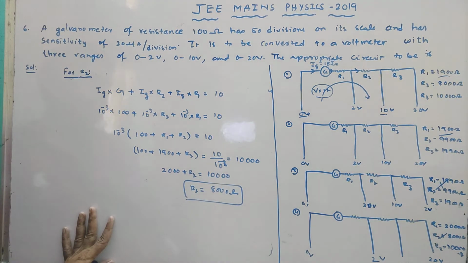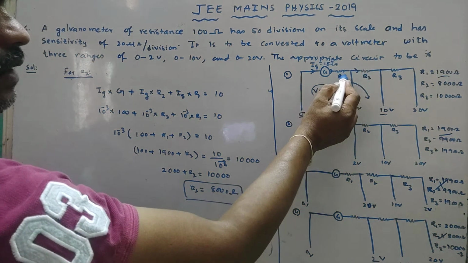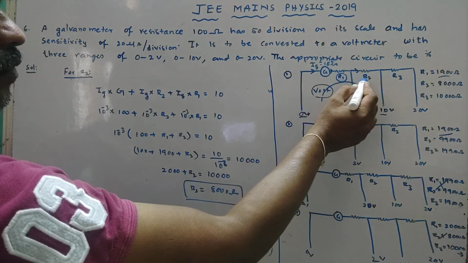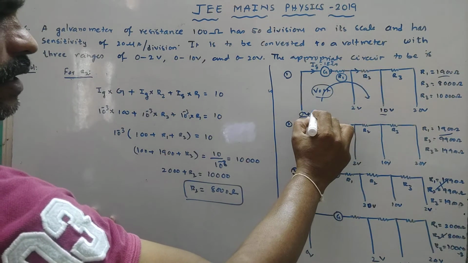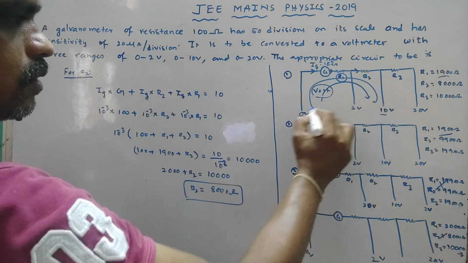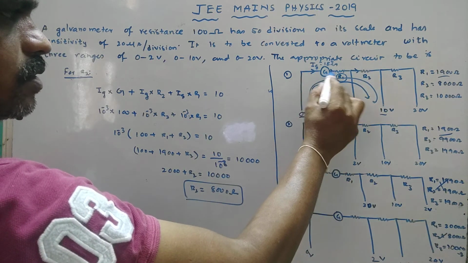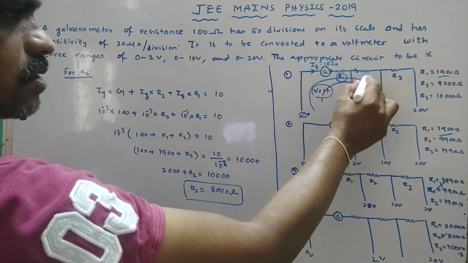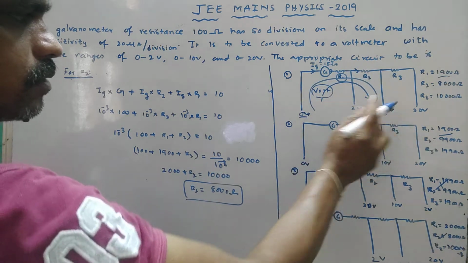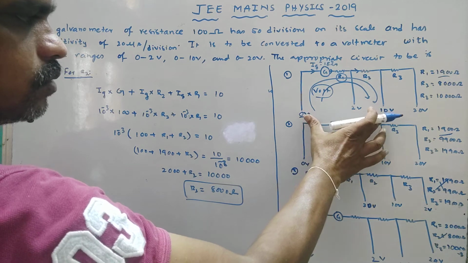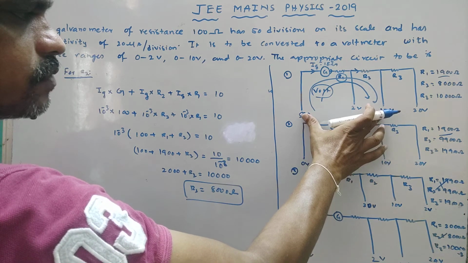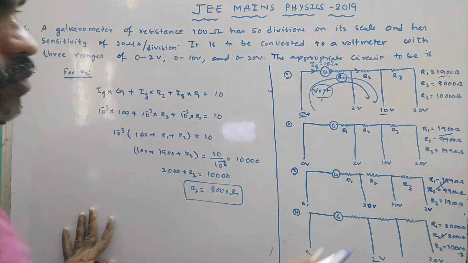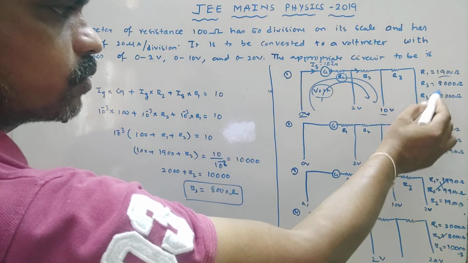So here we calculated R2, and we already got R1 as 1900 ohm. Ig into G plus Ig into R1 plus Ig into R2 is equal to the voltage difference, 10 minus 0, 10. So R2 we got 8000 ohm.